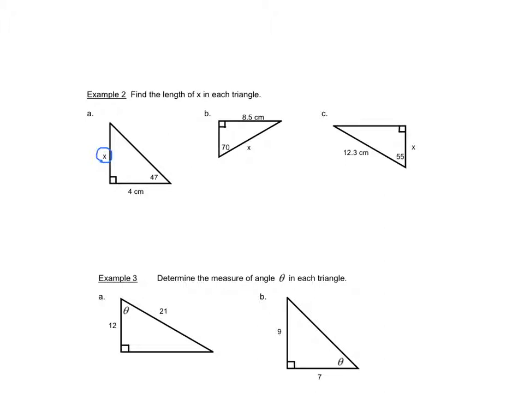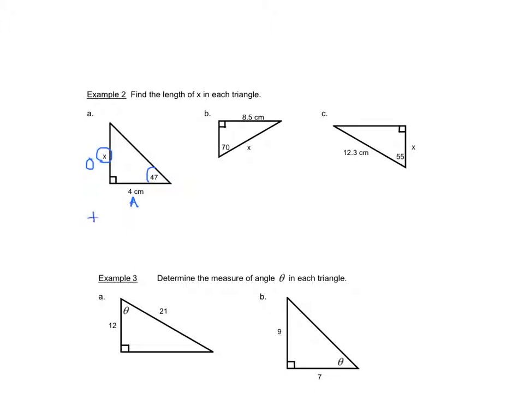I would start by looking at the acute angle that's given, so the 47-degree angle, and label the side that's given, as well as the side that you're looking for, with opposite, adjacent, or hypotenuse. So the 4 centimeter side here is adjacent to the 47-degree angle, and x is opposite from the 47-degree angle. That tells me that I need to use the tangent ratio.